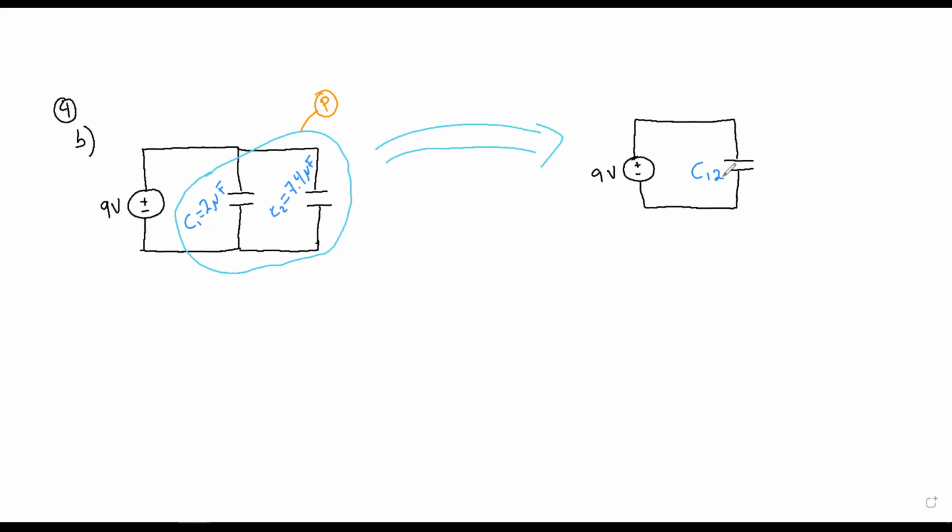Now the things we're looking for are the same things. We want to know the charge in 1, the charge in 2, the energy in 1, and the energy in 2.